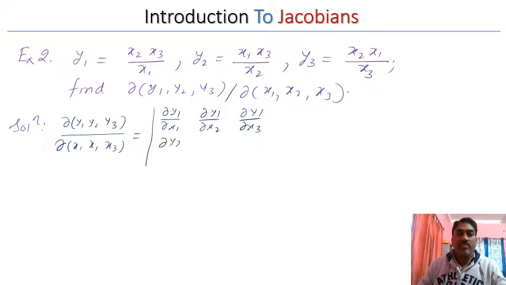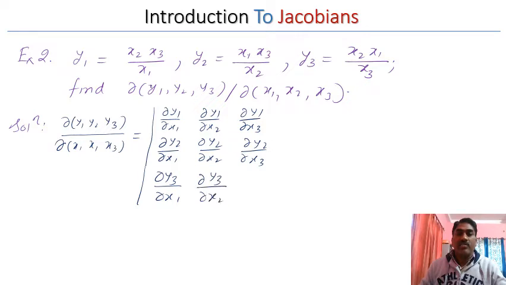Then del y2 by del x1, del y2 by del x2, and del y2 by del x3. Then finally del y3 by del x1, del y3 by del x2, and del y3 by del x3. So find these partial derivatives and you can find it easily.